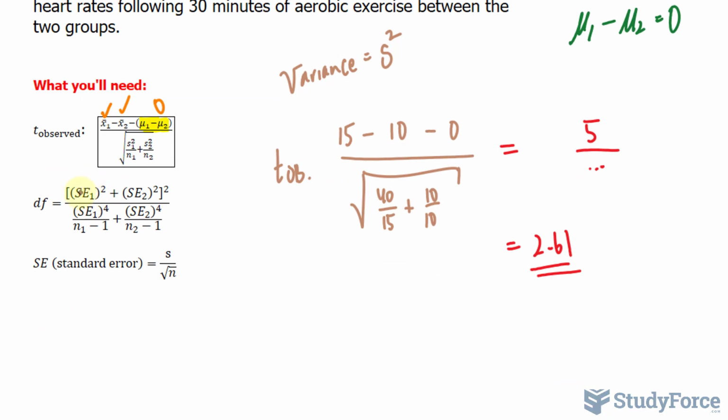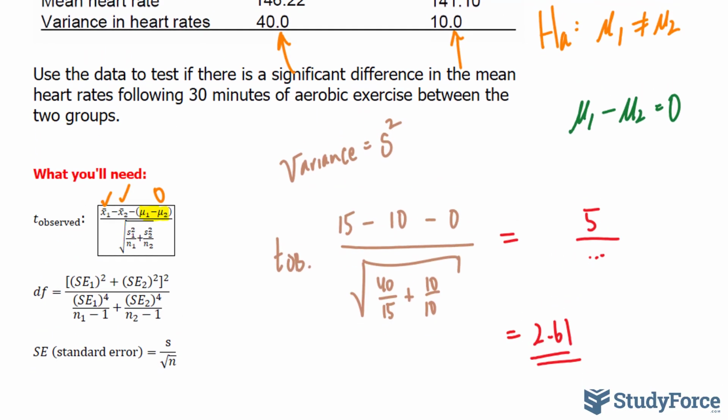And this part right here, SE, stands for standard error. Standard error is the same thing as S over the square root of n. So we need to find S, and the relationship is that variance is equal to S squared. Therefore, 40 is equal to S squared.